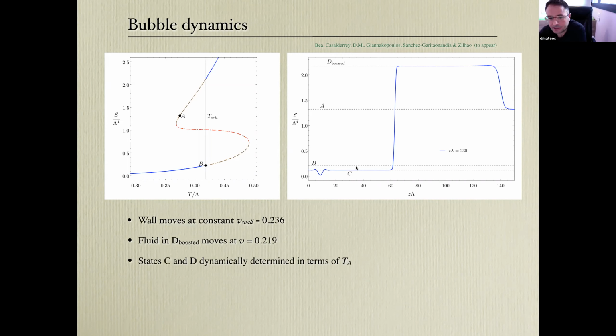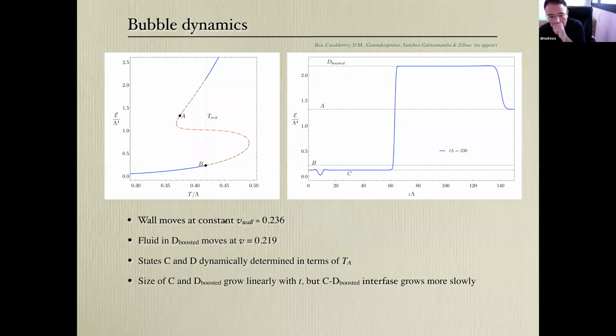Now, these states C and D are dynamically determined in terms of the initial nucleation temperature. They don't depend on where the B that you started with is, as I will show you in a second. Now, the size of this region inside the bubble and the size of this region in front of the bubble both grow linearly in time.